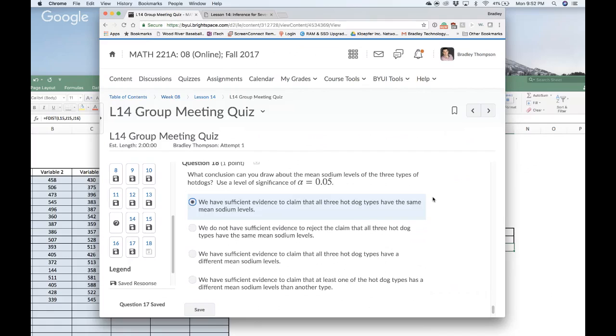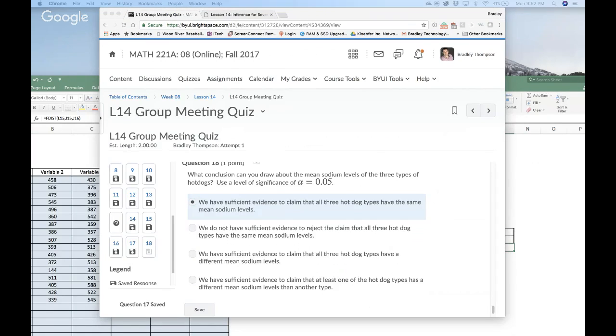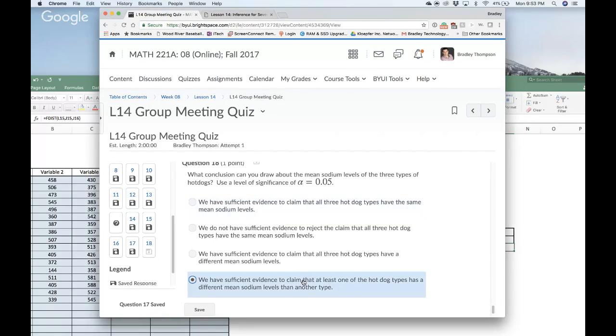The mean level of satisfaction with life in general is not the same for all 3. So if it's greater than, then they're different, is what you're saying. So let me see. We have sufficient evidence that the 3 hot dog types have the same mean. No. So it'd be the last one: sufficient evidence to claim that at least one of the hot dog types has a different mean. Yes.